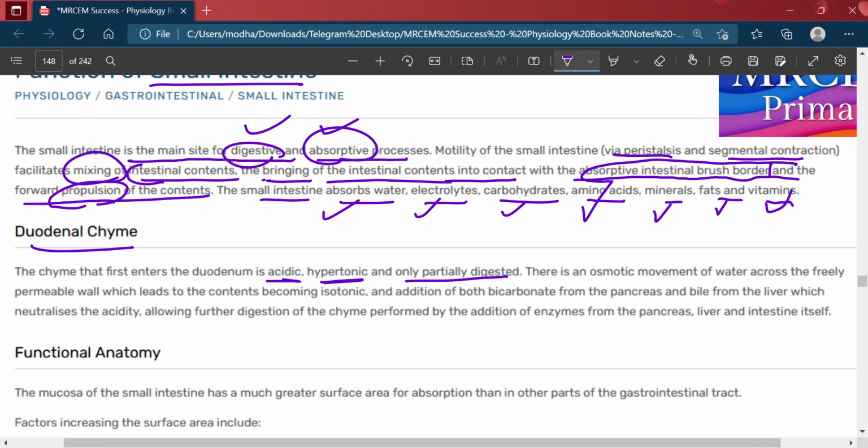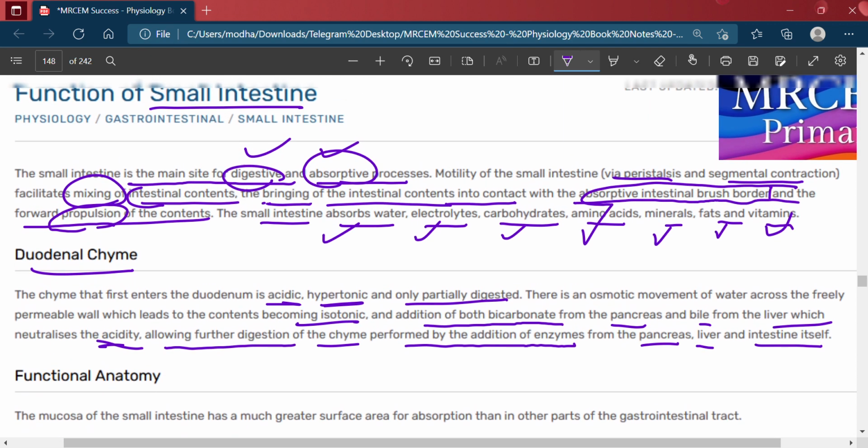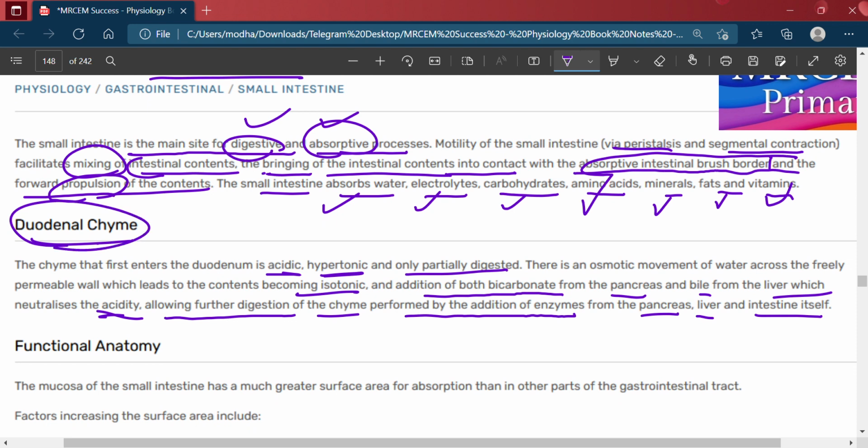There is an osmotic movement of water across the freely permeable wall, which leads to the content becoming isotonic, and the addition of both bicarbonate from the pancreas and bile from the liver neutralizes the acidity, allowing further digestion by the addition of enzymes from the pancreas, liver, and the intestine itself. That's the duodenal chyme.